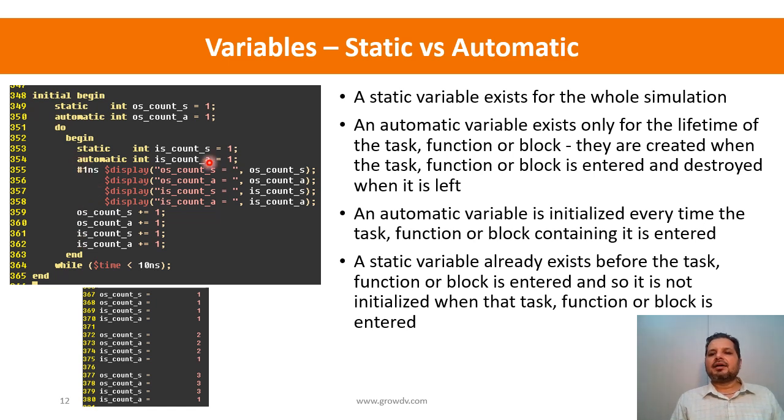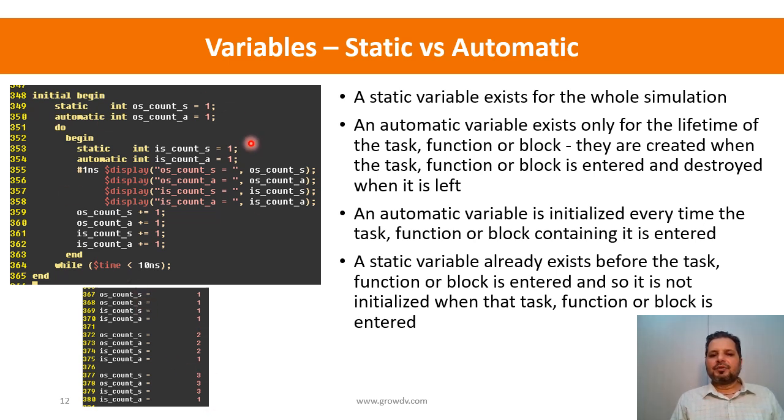It only exists till the end of this block. Once the block ends, that variable gets deallocated, and it comes back and gets reallocated. After reallocation it is initialized again, and hence it shows the value of 1. It is not getting updated.